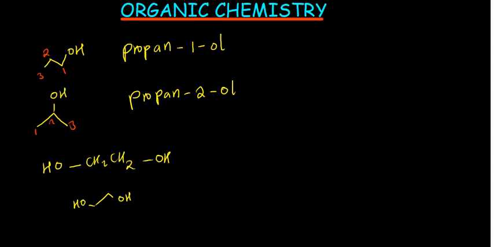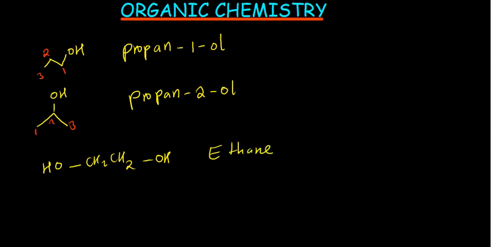It's the same. So when I have 2 carbon atoms, 1 and 2, a chain of 2 carbon atoms is called ethane. So this is going to be ethane.